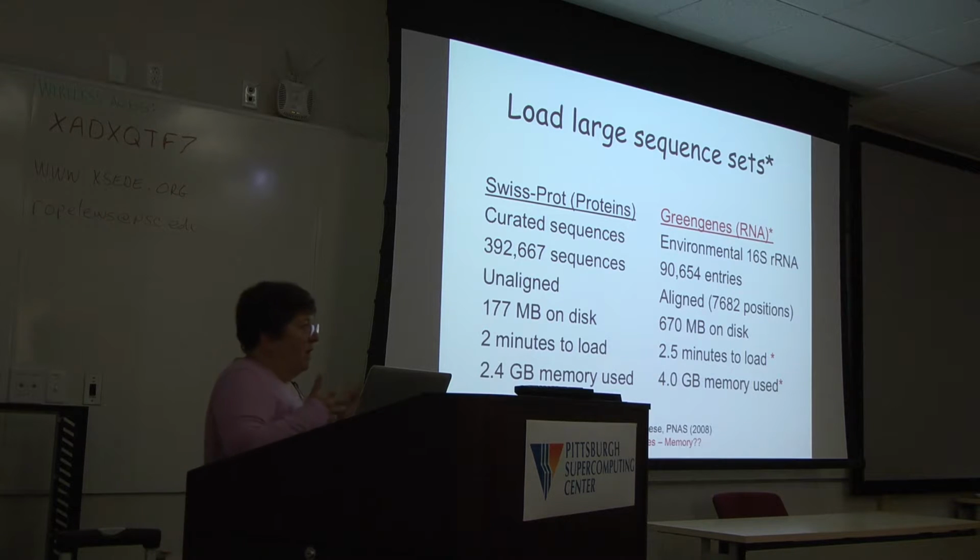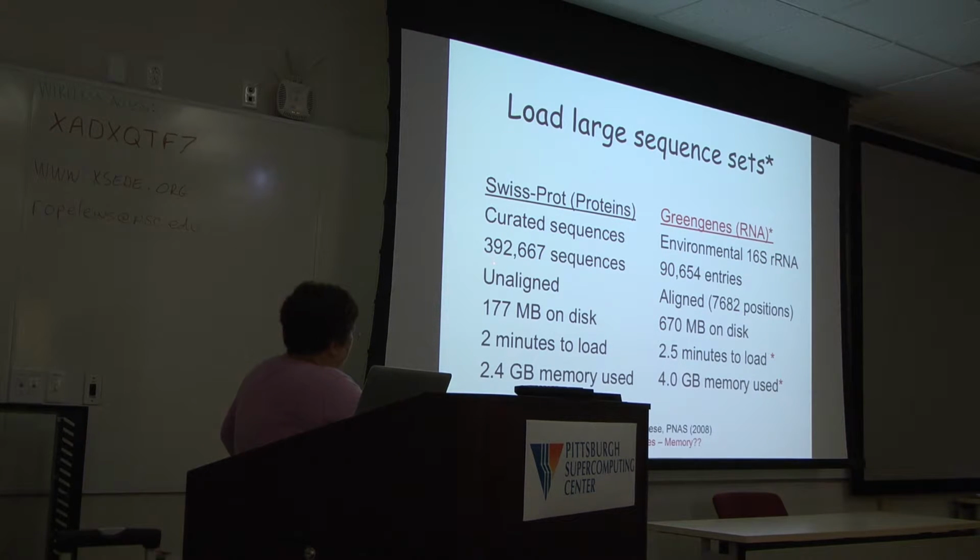If you want to load up all those databases on your desktop, that's completely doable. This was back in, I think, 2013. There are 1.2 million sequences now. And Greengenes went for about 100,000.